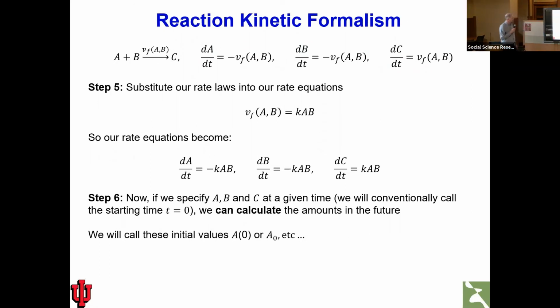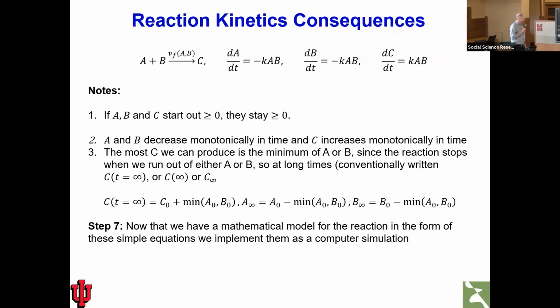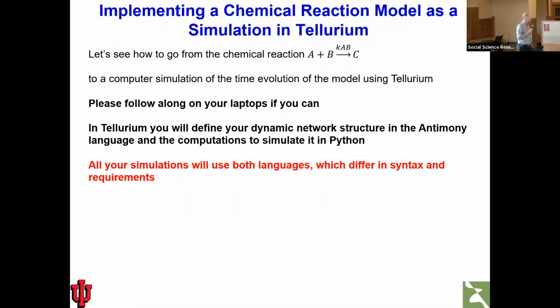Different people use different notations. And clearly, these are molecular amounts or concentrations. They have to stay positive. And so now we have a mathematical model, and we can implement it in principle in a computer simulation.